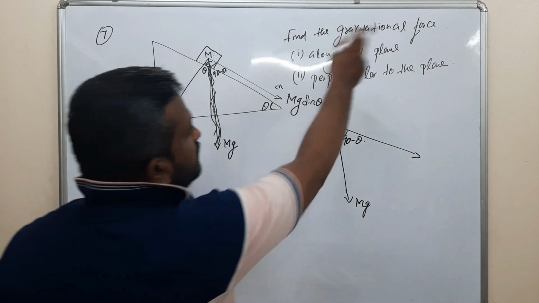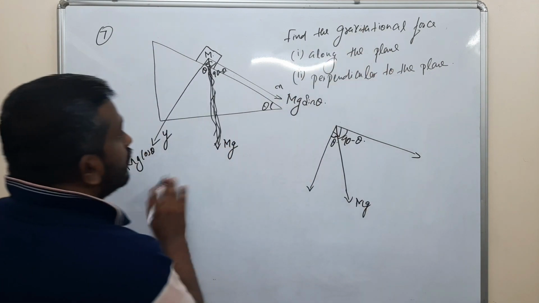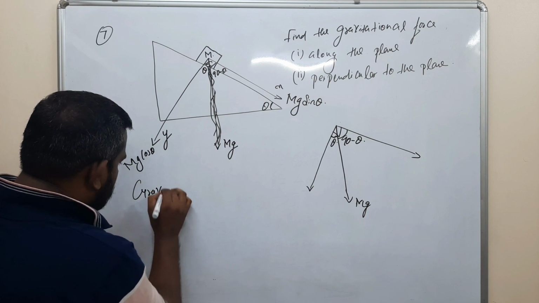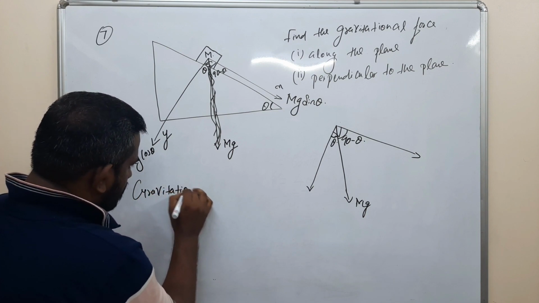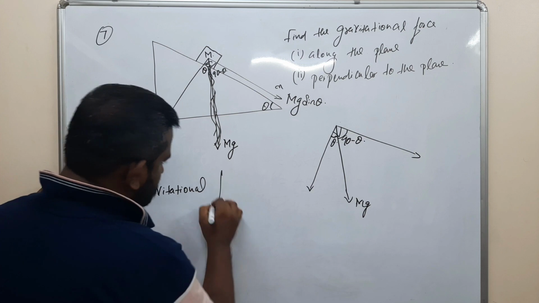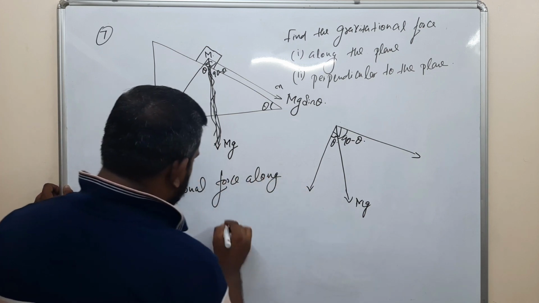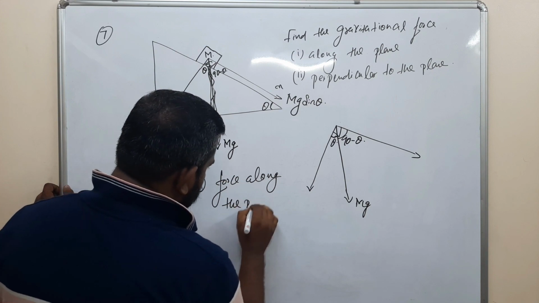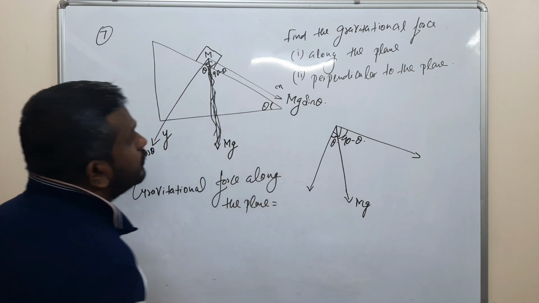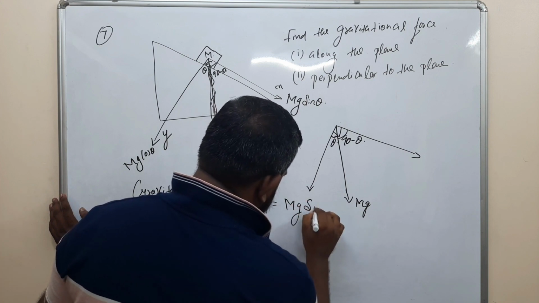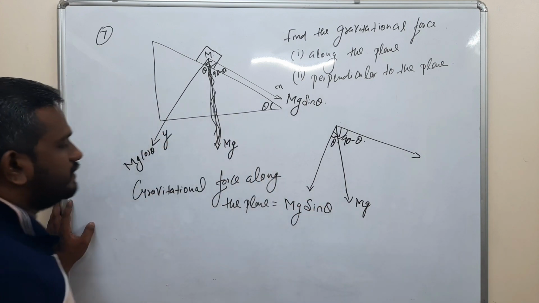So find the gravitational force along the plane. The gravitational force along the plane is equal to mg sin theta.